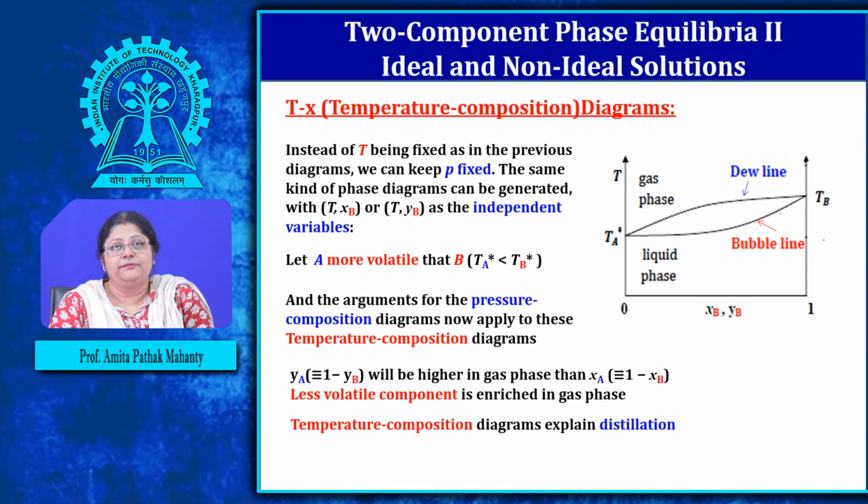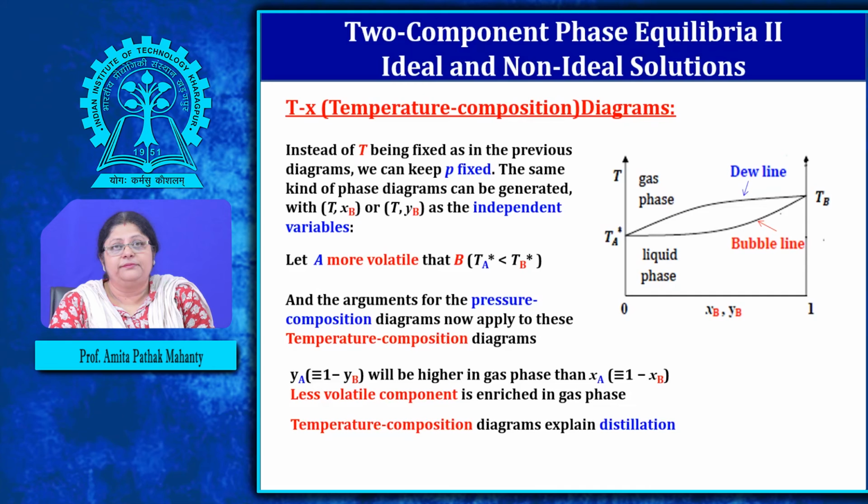Here you can understand the one which is supposed to be more volatile has a lower boiling point. Suppose A was supposed to be more volatile, so it has a lower boiling point or lower vaporization temperature. So this is going to be a point which is lower compared to the one which is less volatile, which was supposed to be component B. So the curve gets inverted because instead of temperature you have pressure as the constant factor.